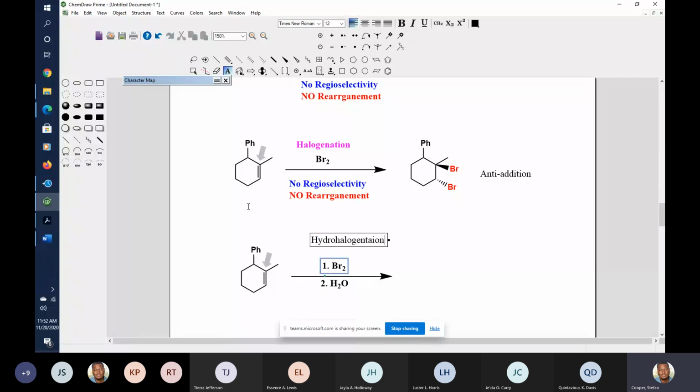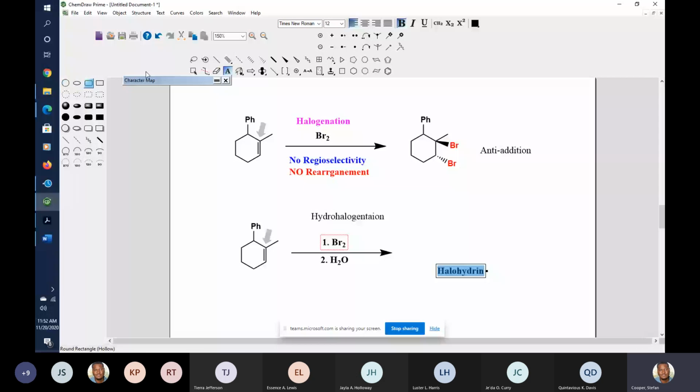Typically, that functional group has a name. It's called a halohydrin. Okay, so I'm going to put it here. That's the name. So a lot of people call this just a formation of some type of halohydrin. So what happens in this chemistry is that I'm going to form the bromonium cation that typically is formed here. And again, you want to look at the video that explains the mechanism on that.